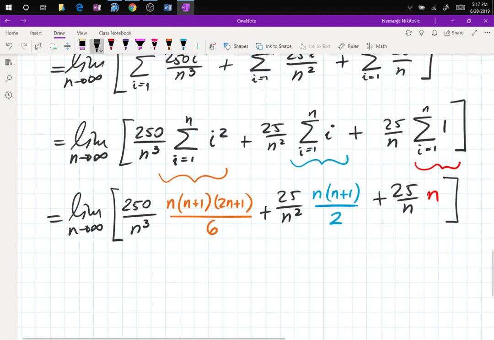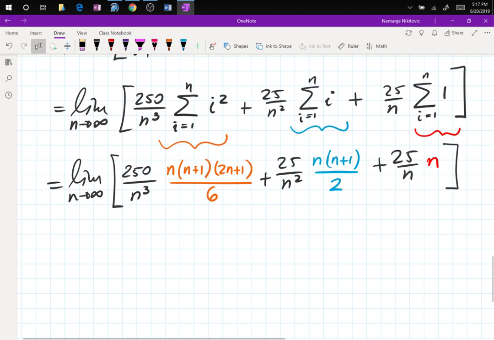So as you can see now, no more sums, no more i's, it's just n's, and the limit as n goes to infinity. And this limit is particularly easy because all of your exponents have the same order. So you're just looking at the front coefficients.